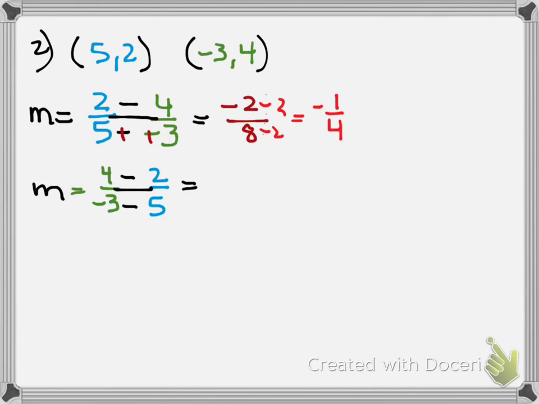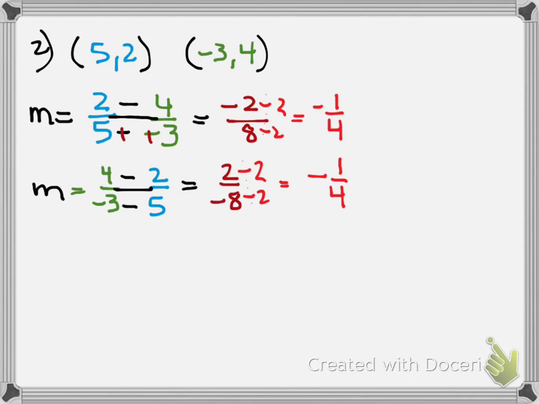What's 4 take away 2? 2. And what's negative 3 take away 5? Negative 8. So I can simplify by 2, and I still get negative 1 over 4.